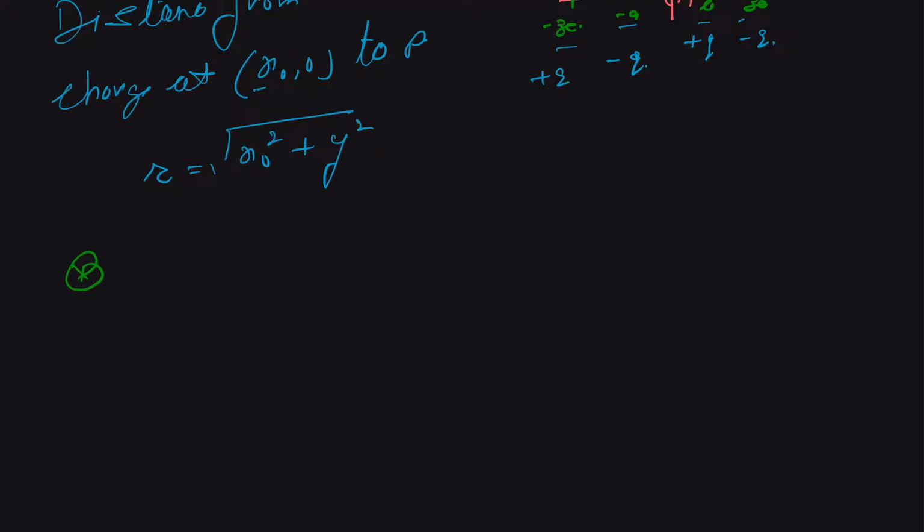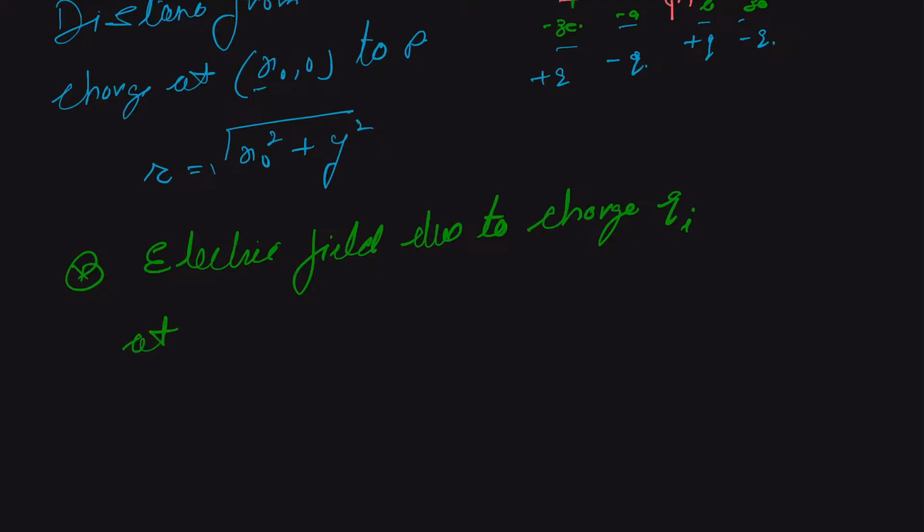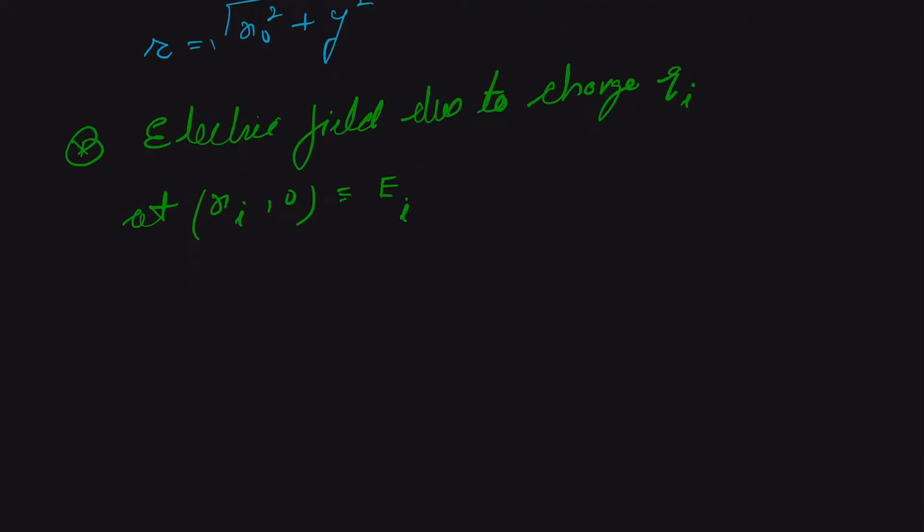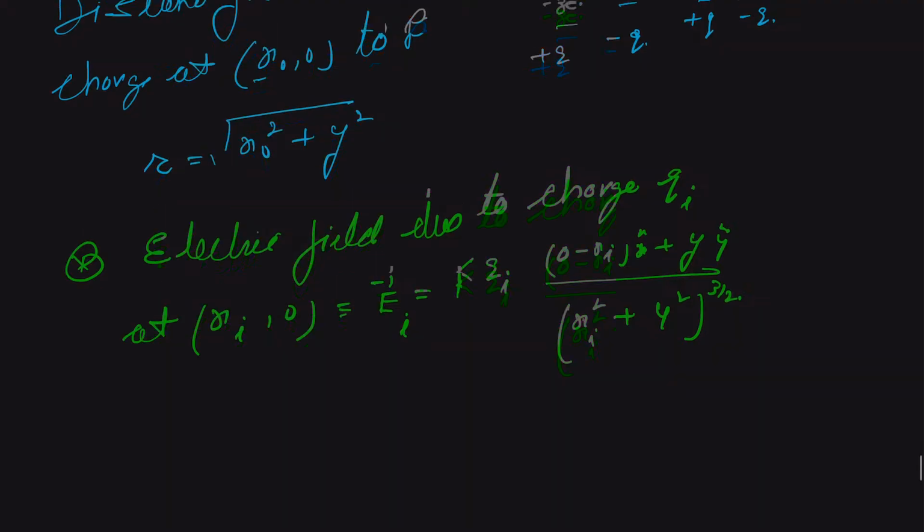The electric field due to charge q of i at (x of i, 0), let us suppose the electric field is E of i, and we can write this as k q of i times (x of i x unit vector plus y y unit vector), divided by (x i square plus y square) to the power 3/2.